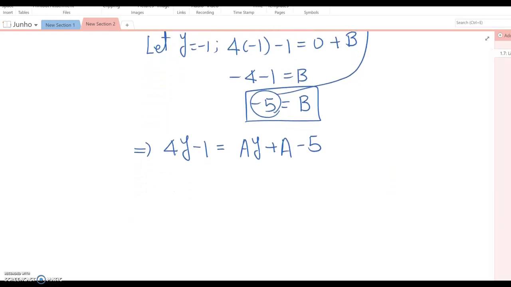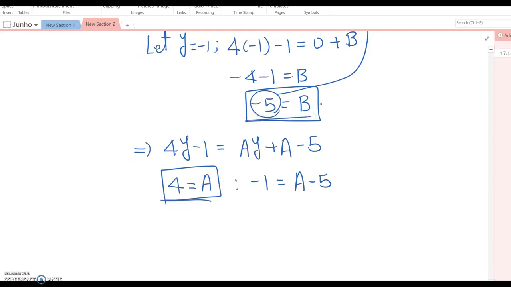Just set up the like terms, then 4 equals a, or you can make negative 1 equal to a minus 5. You can use either equation. But since we have a equal to 4 already, why don't we accept that, right? So we found a equals 4 and b equals negative 5.